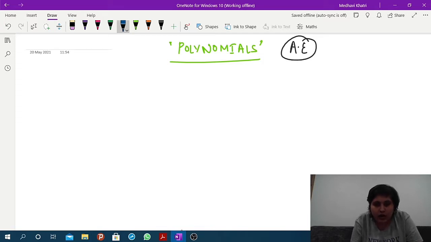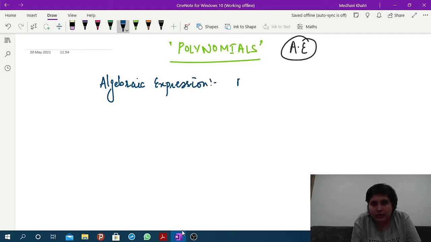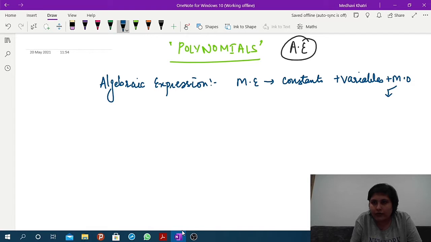Okay, so what are algebraic expressions? An algebraic expression is a mathematical expression in which we have some constants, then some variables, and then some mathematical operations which consist of plus, minus, multiply or divide. So these four will be considered as mathematical operations.